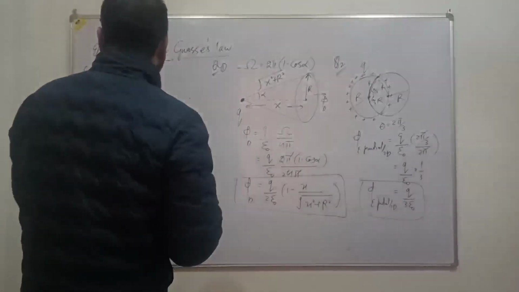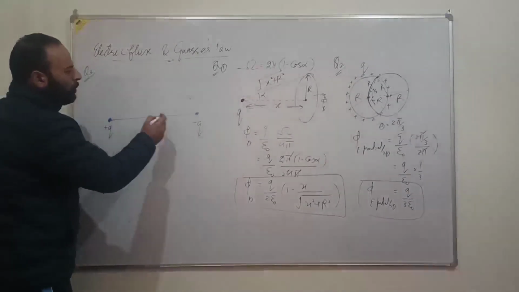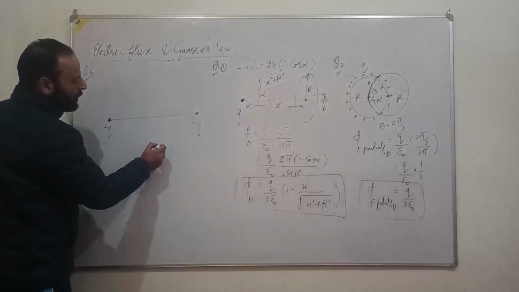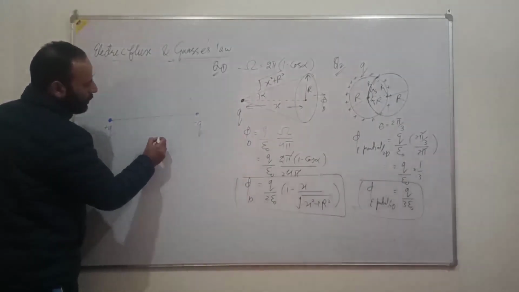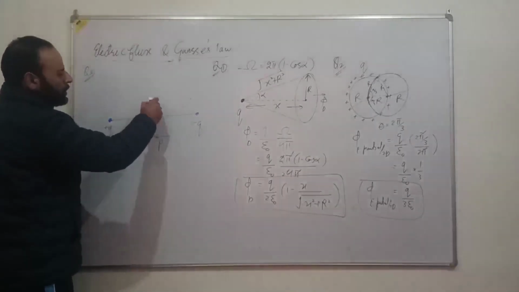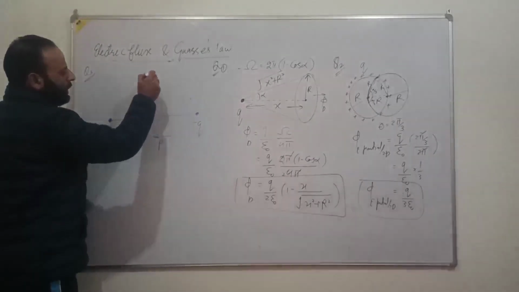Okay. Now, the dipole moment of this dipole is from negative charge to positive charge. So I can show it like this. The dipole moment is along this direction, and this is here the midpoint. So this will be the equatorial plane.